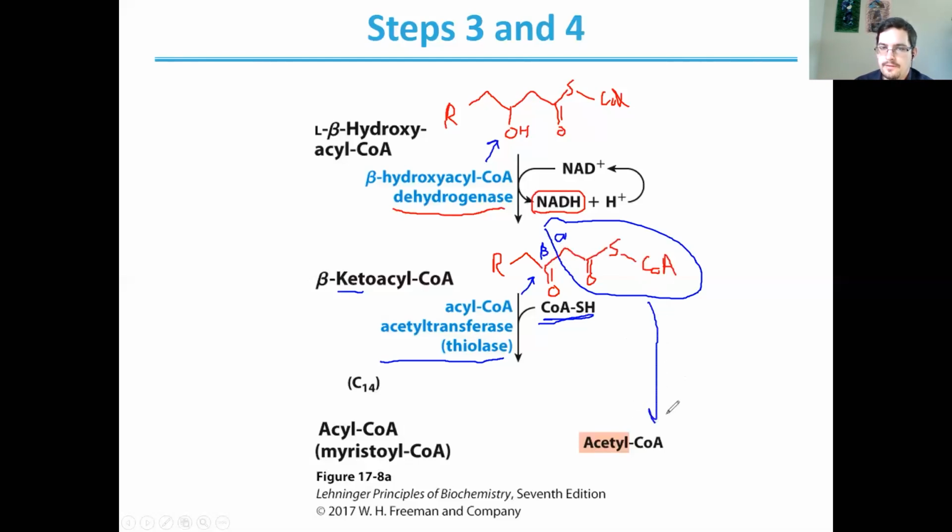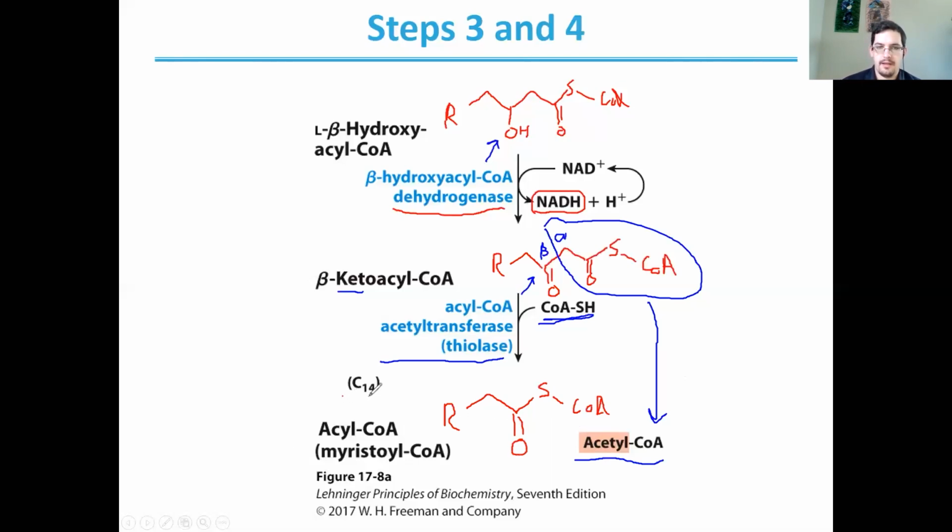This will release our acetyl-CoA and attach that new coenzyme A right there by the bond that we're breaking.